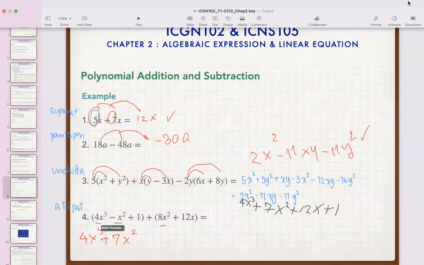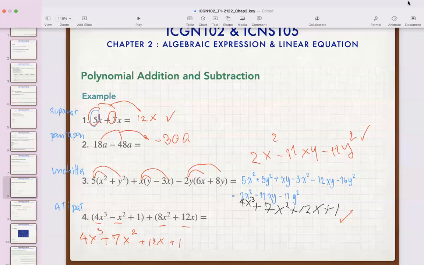Then for x we have plus 12x, and then for the constant we have just 1. So this one is correct.